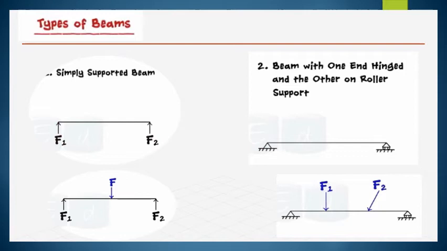So here you can see the left end is a hinged support. We know that the hinged support offers two reactions, and the right end is a roller support, which offers one reaction. So this beam is subjected to three reactions: two at the hinged end and one vertical reaction at the roller supported end.